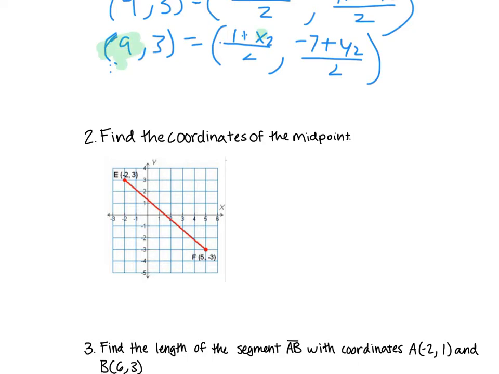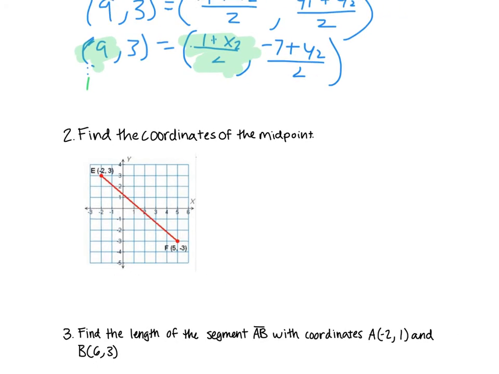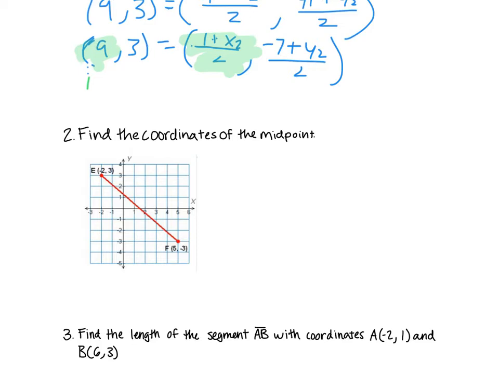So we set 9 equal to 1 plus x2 over 2, because we have the x coordinate of the midpoint, which is 9, and then we have the equation for the midpoint, so we set them equal.